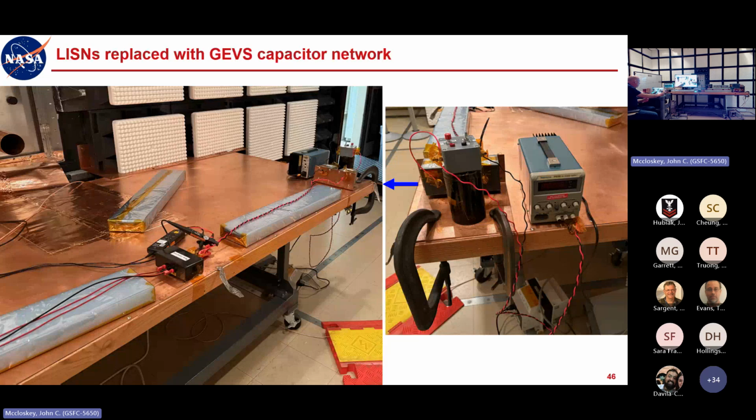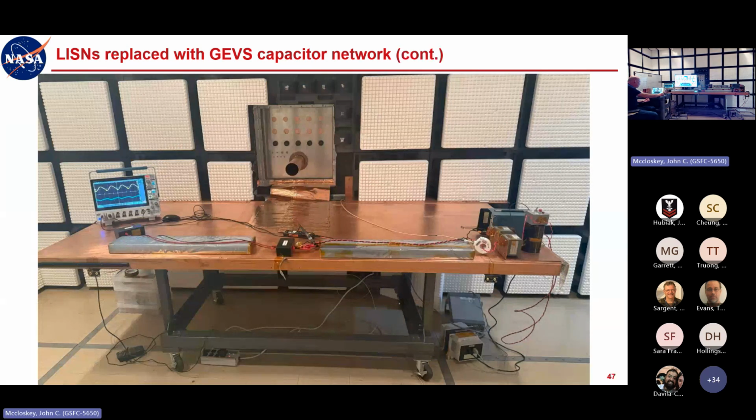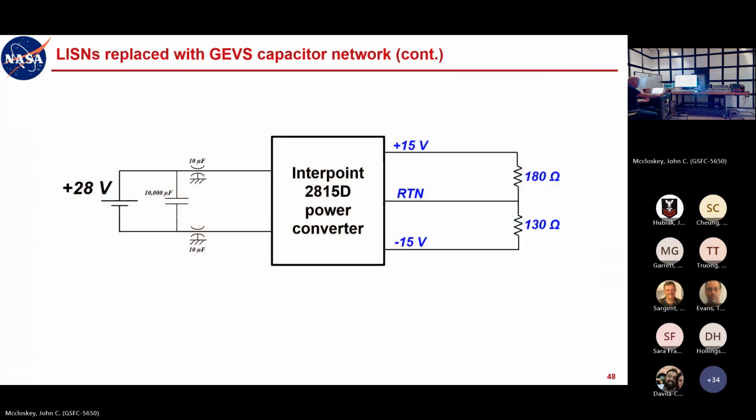So now we replace things with the capacitor network, which is what we have set up now. And that's just giving an overall view of the setup. And here's the schematic representation, just has the capacitor network replacing the Lisens now.